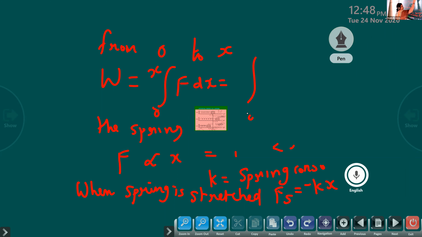Instead of F dx, we can write kx dx, because F is equal to kx by Hooke's law.